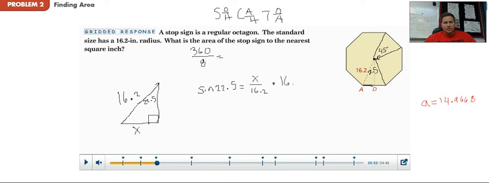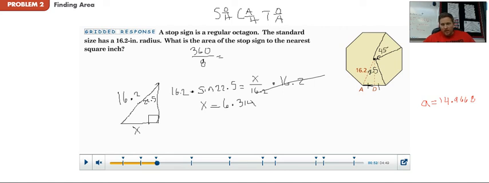So to get the x to be all by itself, I multiply both sides by 16.2. And so I get 16.2 times sine 22.5. And this is going to give me one side, x right here, is going to equal 6.314. Okay, so that's what this side right here is, 6.314.